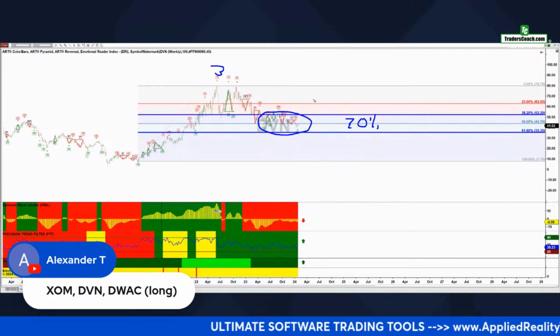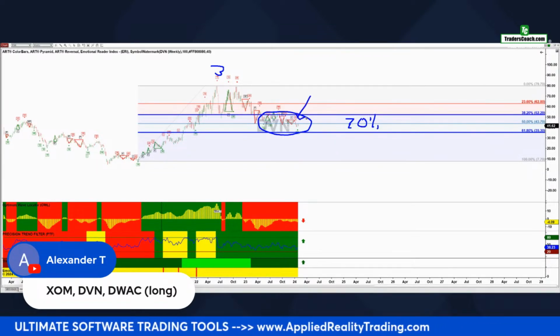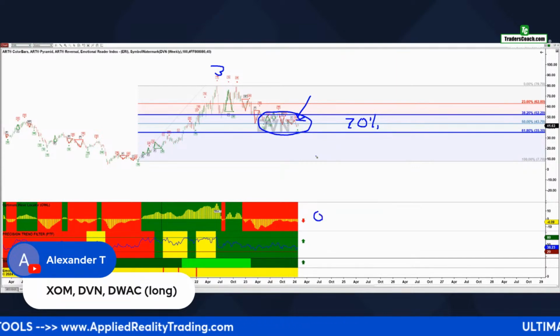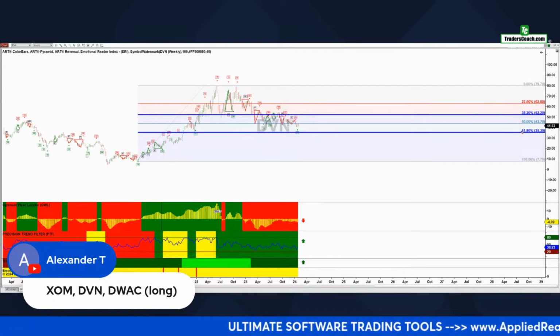But some of our other tools are indicating that we have a red pyramid here and a red owl here. So the bullishness has not yet returned. Okay, that's good to know.